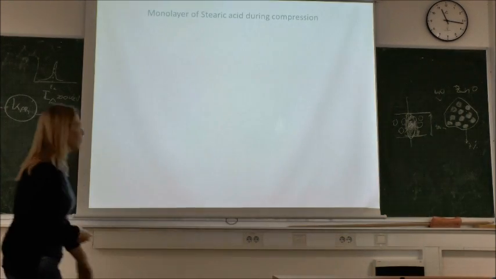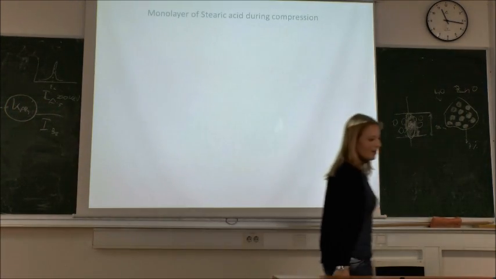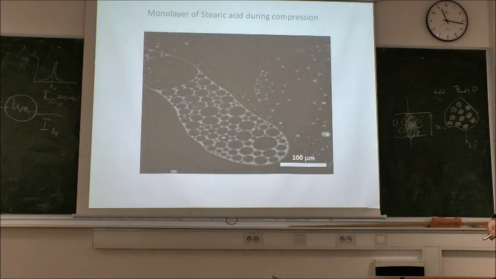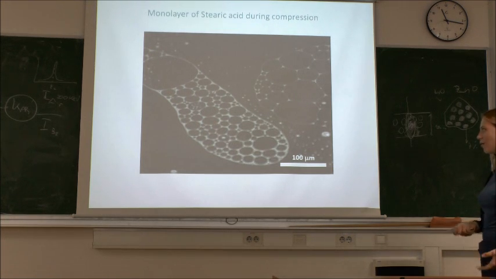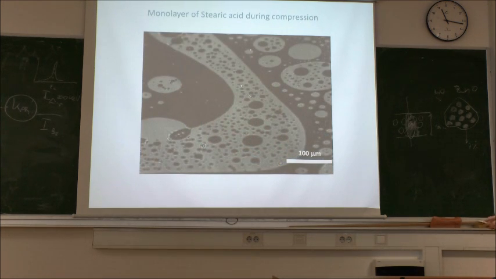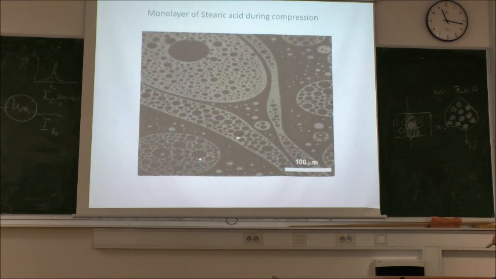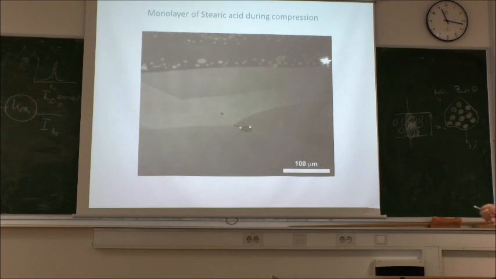In combination with Brewster angle microscopy, we can observe what is really happening with our monolayer during the compression. In the beginning, when the molecules are in the gaseous phase, we can observe small islands of surface active molecules floating on the surface. We can observe different structures. But when the surface area is decreased, the monolayer becomes more dense, and domains with different intensity can appear.